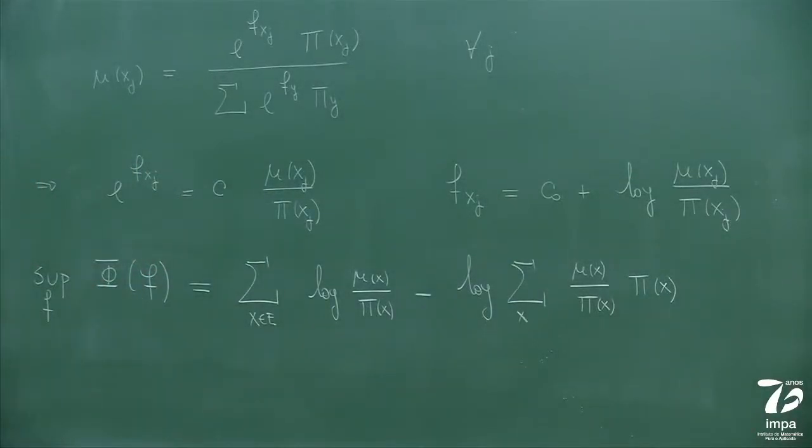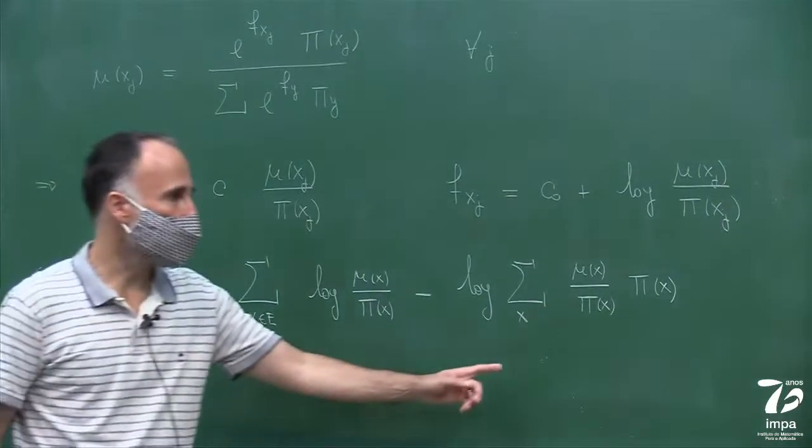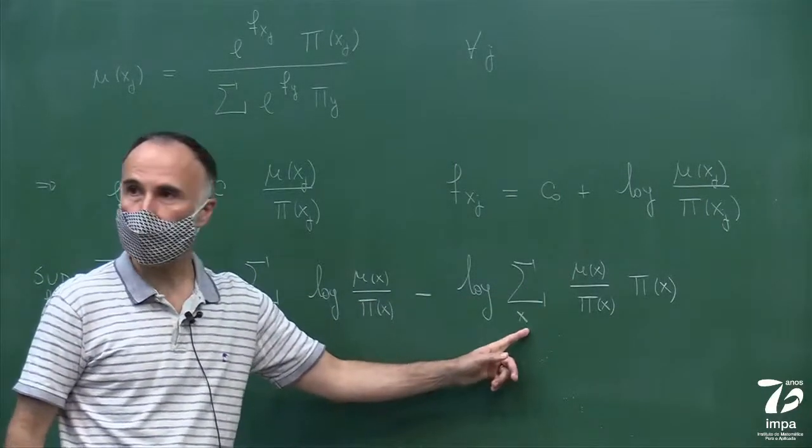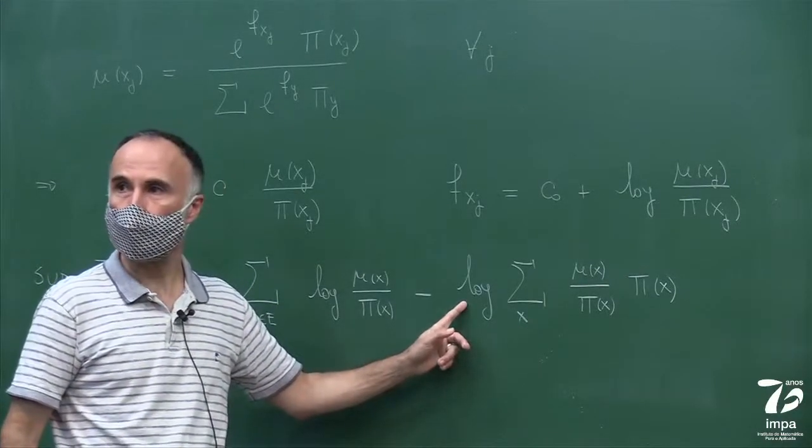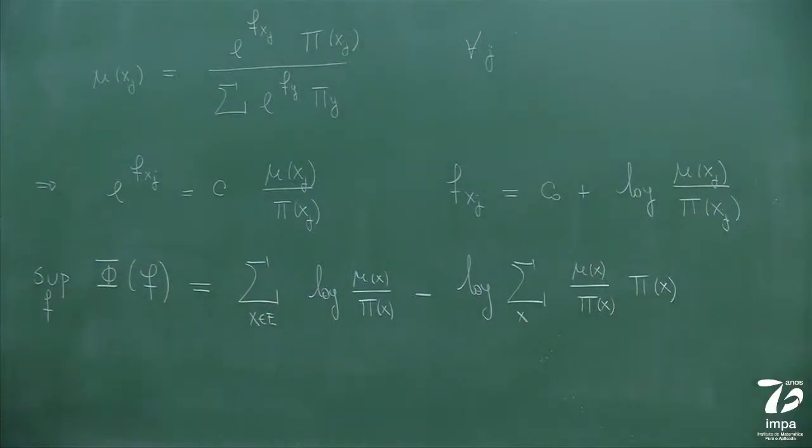This is the value of the supremum. Now you see that pi will cancel with pi. The sum over x is equal to 1 because mu is a probability measure. So here it's 0, and so this is the supremum.